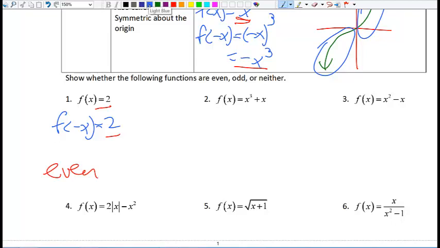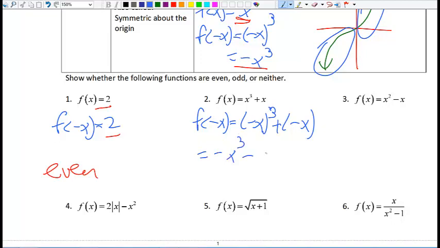Number 2, if I replace x with negative x, I get negative x cubed plus negative x. The negative comes out, so it's negative x cubed, and this is minus x. If I compare it to the initial, I notice that every single term is the exact opposite of the original ones, which tells me I'm dealing with an odd function of some kind.